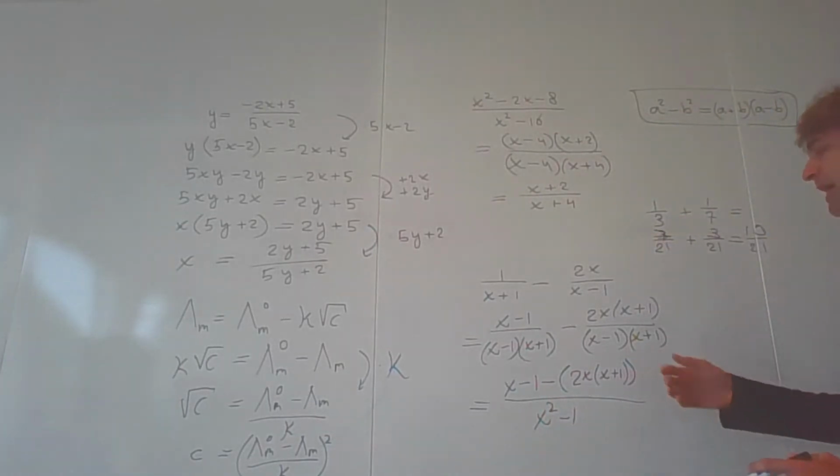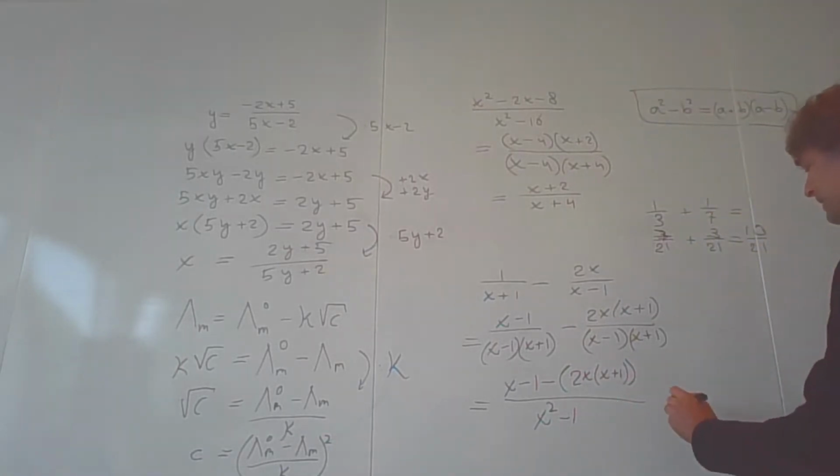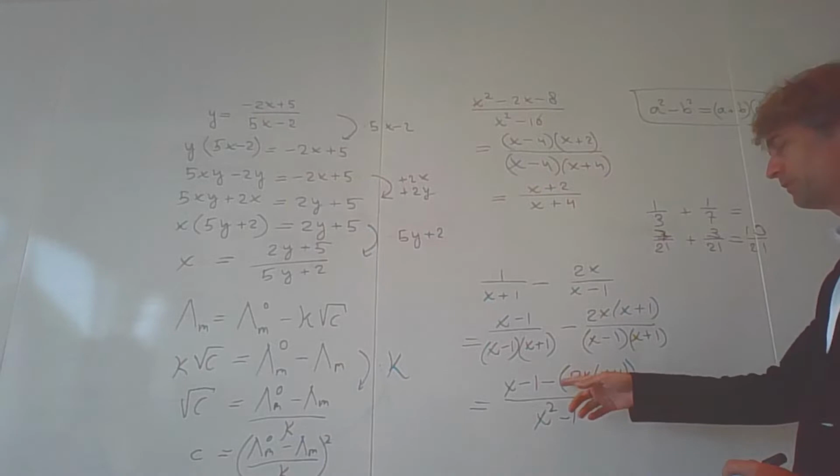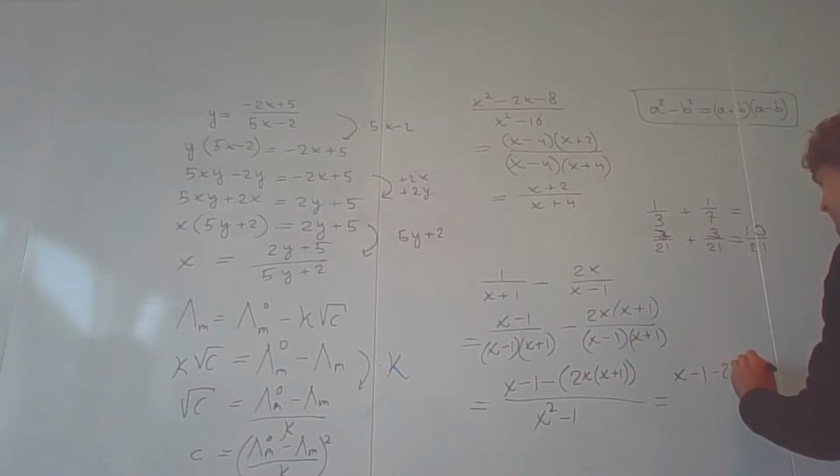I could simplify the numerator a little bit. Take the opportunity to do that. So first get rid of the brackets here. So I get x minus 1 minus 2x squared minus 2x divided by x squared minus 1.